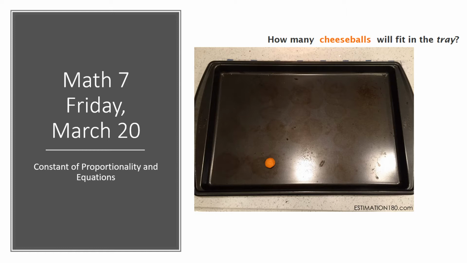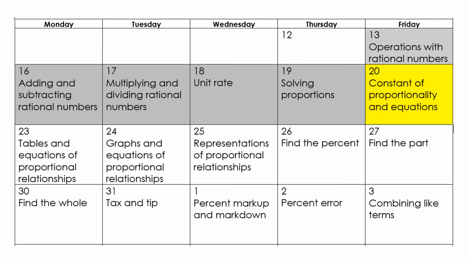Okay, so an update. I have essentially spread out topics that we've learned this year over the next 5 weeks. So today we're talking about the constant of proportionality in equations, and as you can see, this calendar is a little bit different than the one I've been showing you.